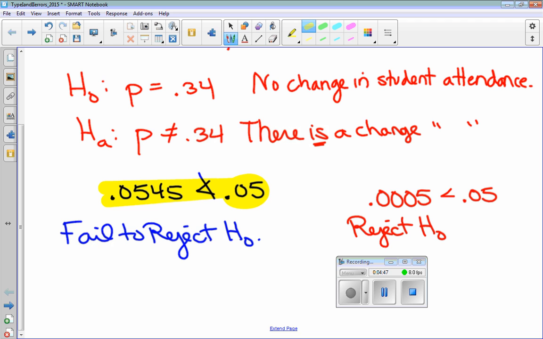And we want it to be small, which means that the likelihood that this sample happened to be so odd and different by just variability is very small. It happened because there is a change, okay? And that's why.